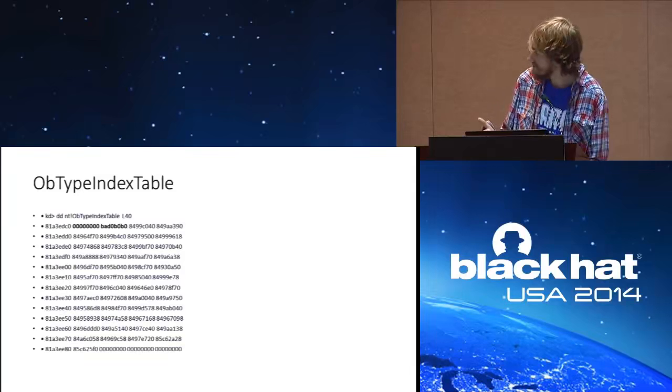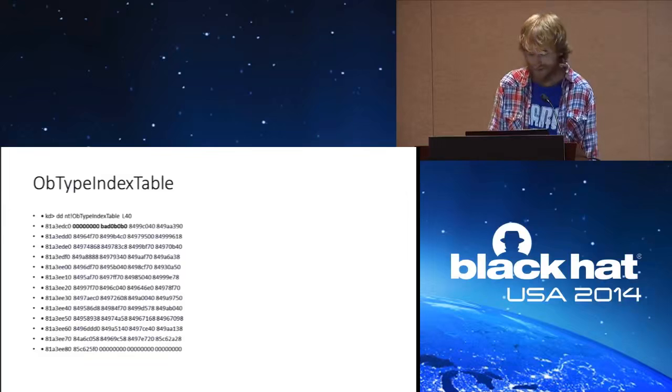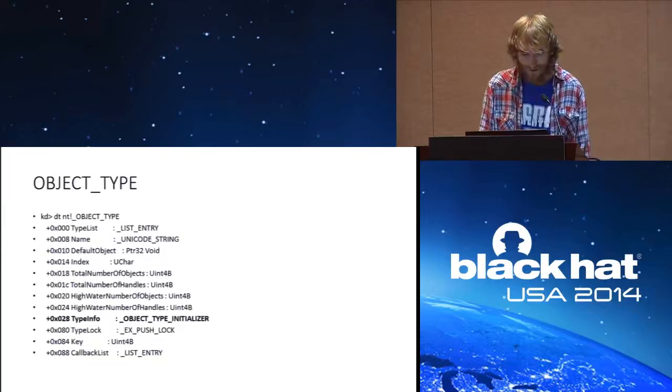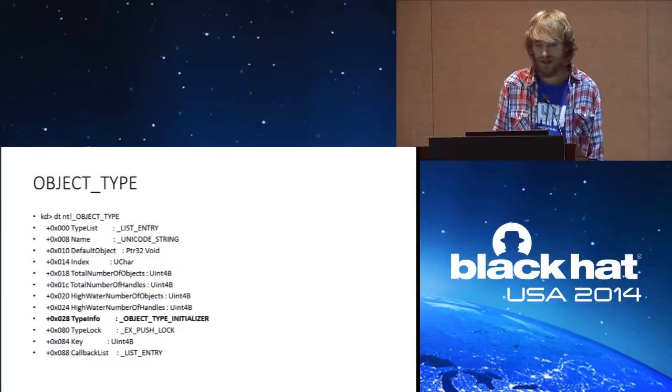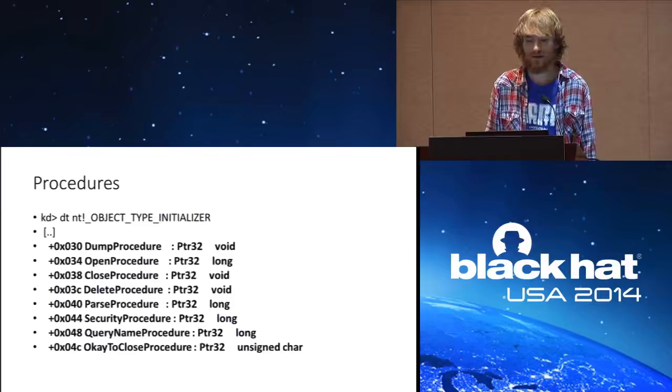This debug print is for Windows 7 and Windows 8, because on Windows 8.1 it looks a little bit different. The structure object type contains another structure, and this structure contains an array of function pointers.